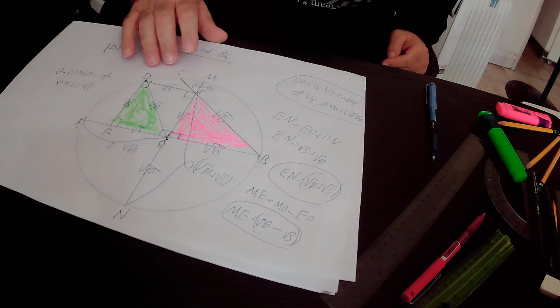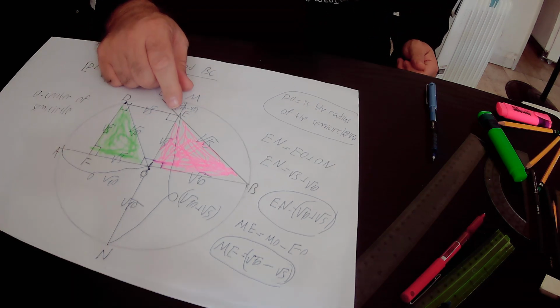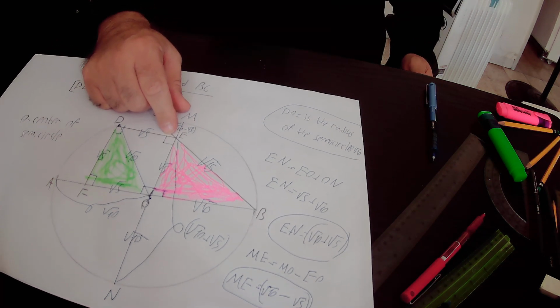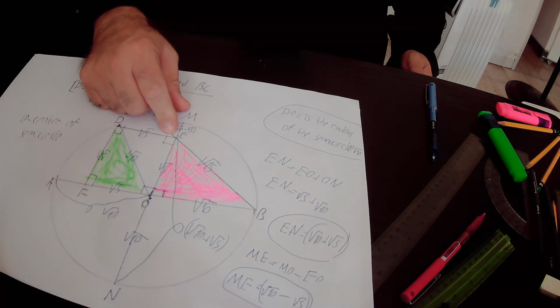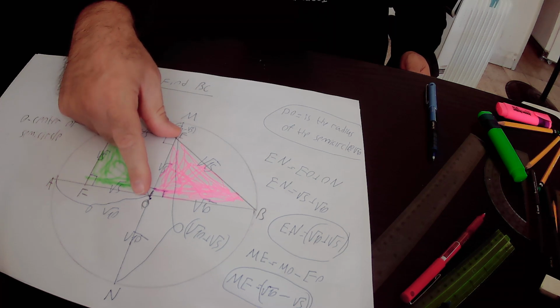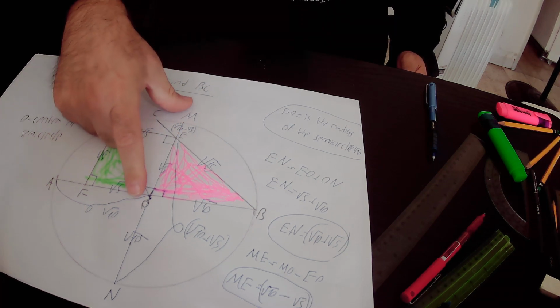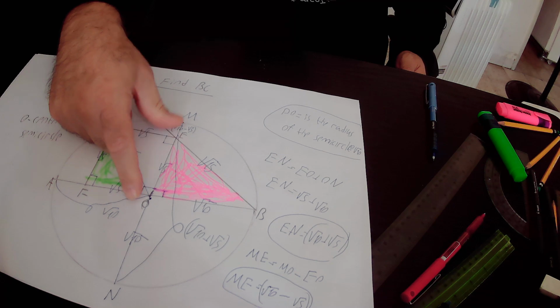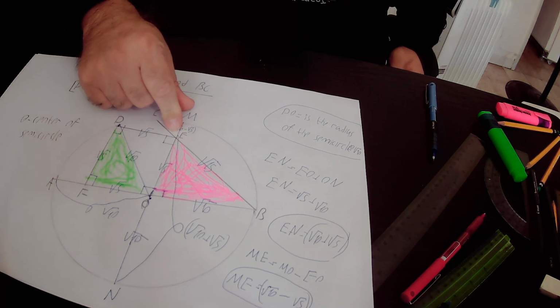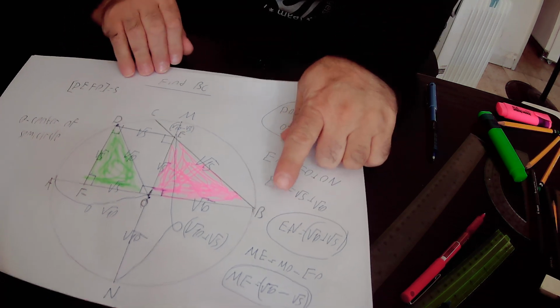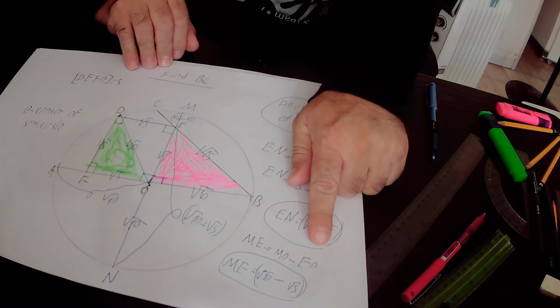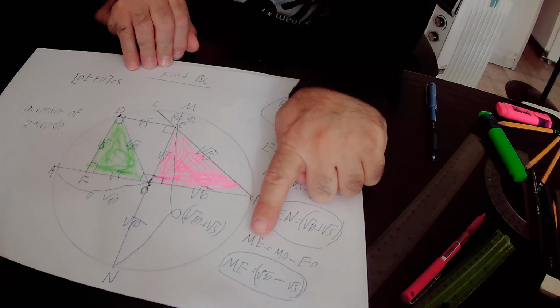In the next step, we find the length of this line segment ME. From the drawing, it is very easy to see that ME equals MO minus OE. Again, ME equals MO minus OE, or EO, it is the same.